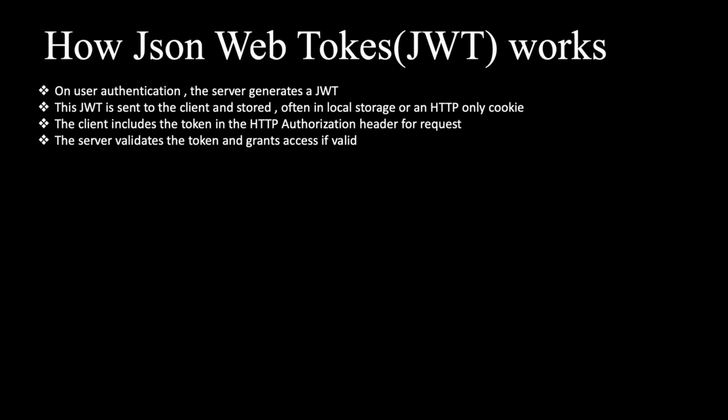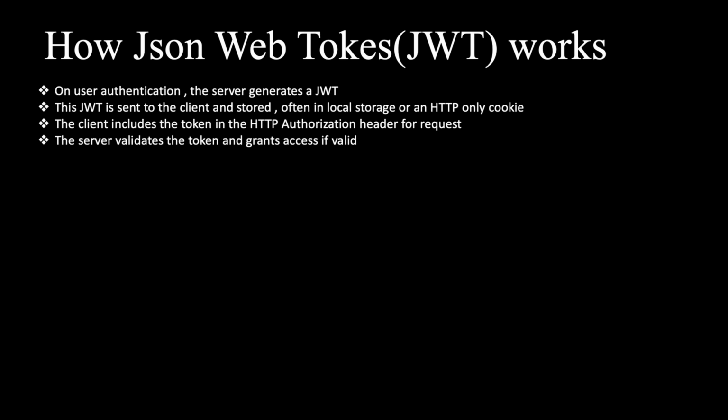So how do JSON Web Tokens work? For example, in the application we are going to create, when our user is authenticated, meaning the user logs in, the server generates a JWT. This token is sent to the client and is often stored in local storage or HTTP cookies.